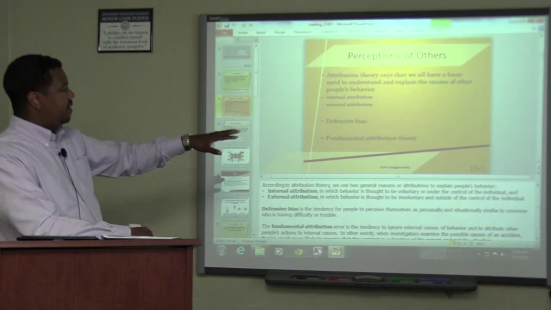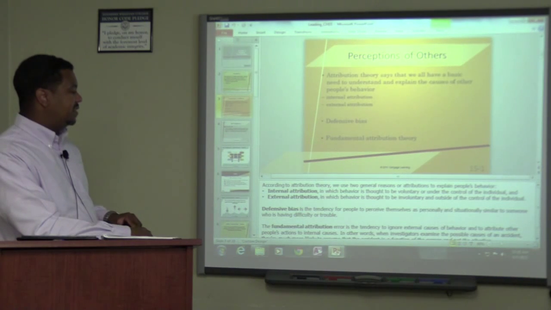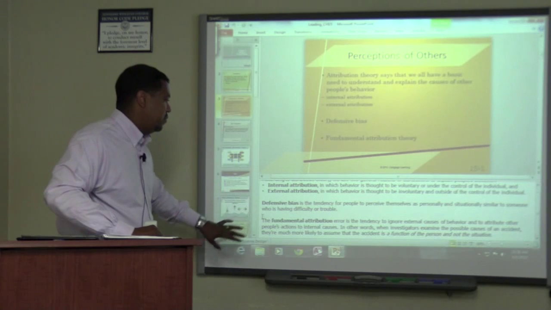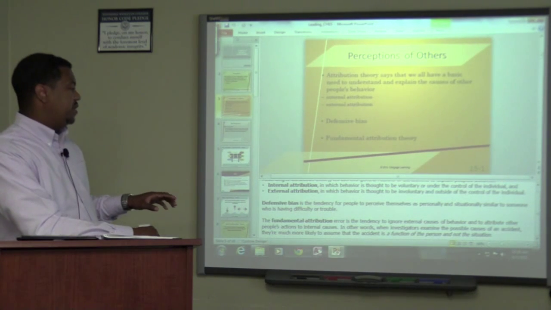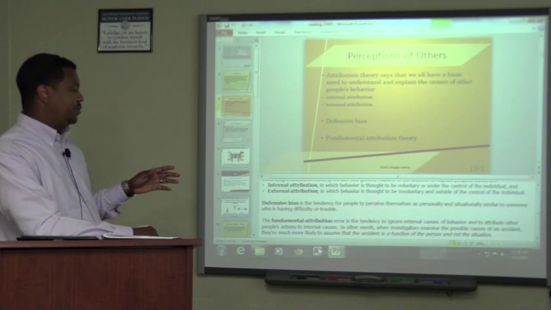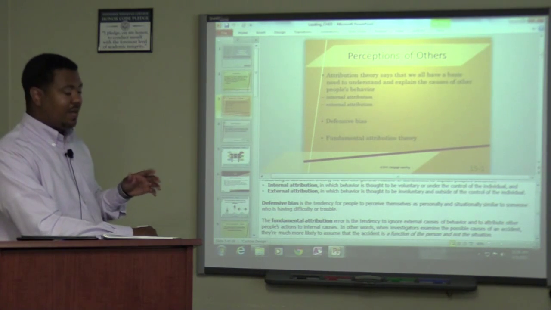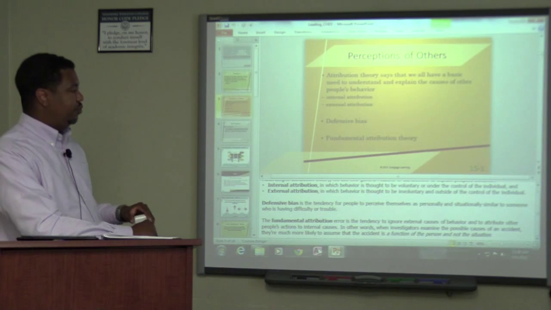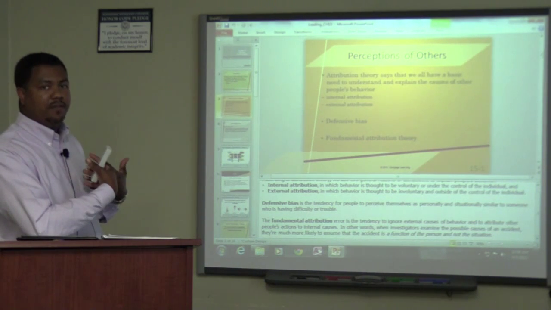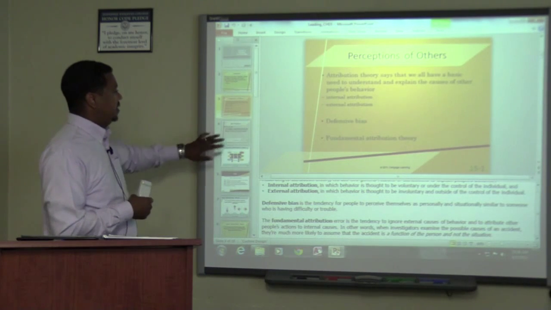And then the fundamental attribution theory gives us an understanding that in some cases, people look at the cause of an accident pretty much as a result of that person, and not necessarily the result of the situation. So we have to take this into consideration when we think about how individuals develop their overall perception.